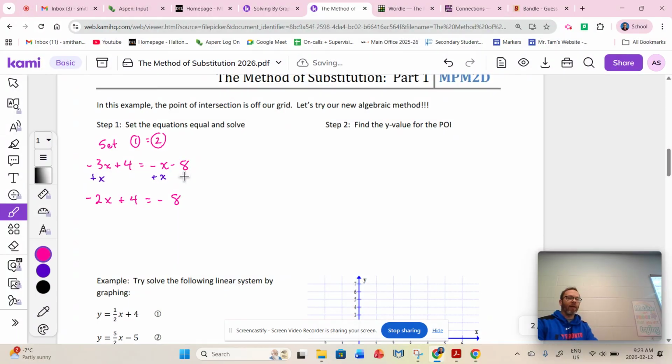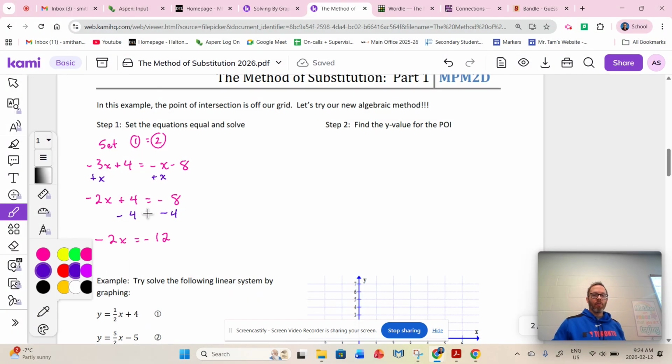Let's solve for x, and let's see if it's consistent with what our graph is showing us. I'll subtract 4 from each side. Same process every time, which is great because many of you like an algorithm. You tell me what to do, and I will do it. Well, this is that, guys. You set the equations equal, and you solve for x.